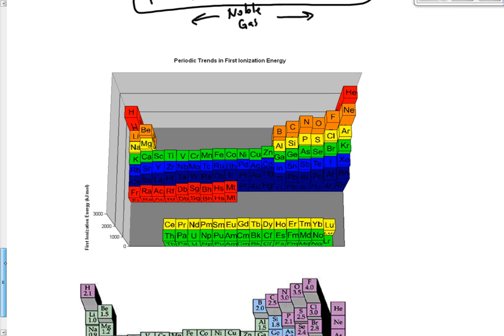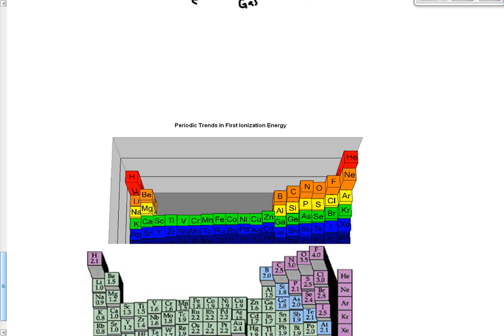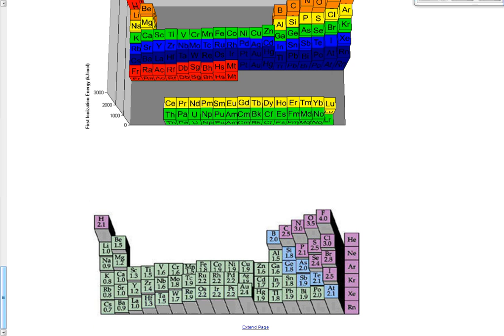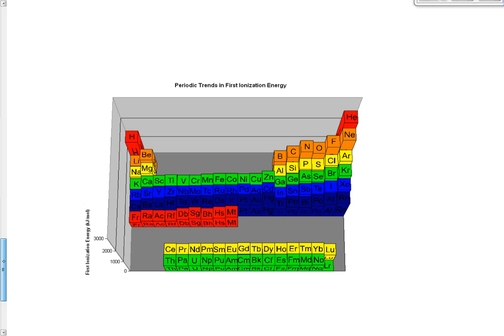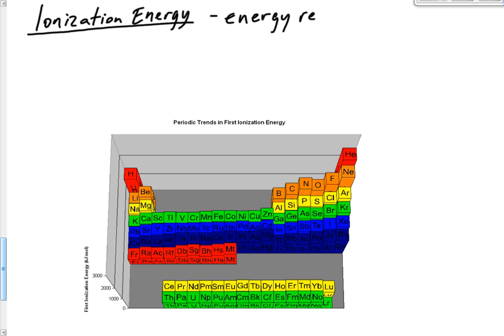So let's move on down to ionization energy. Ionization energy is the energy required to remove an electron.